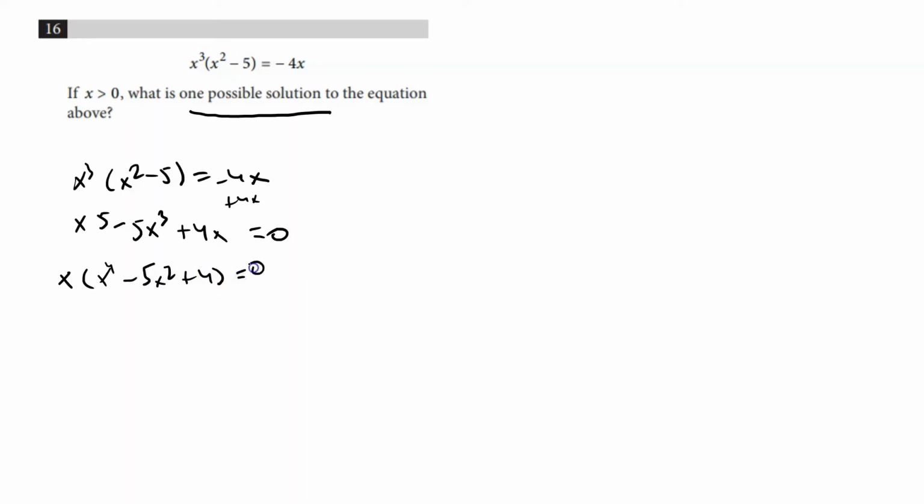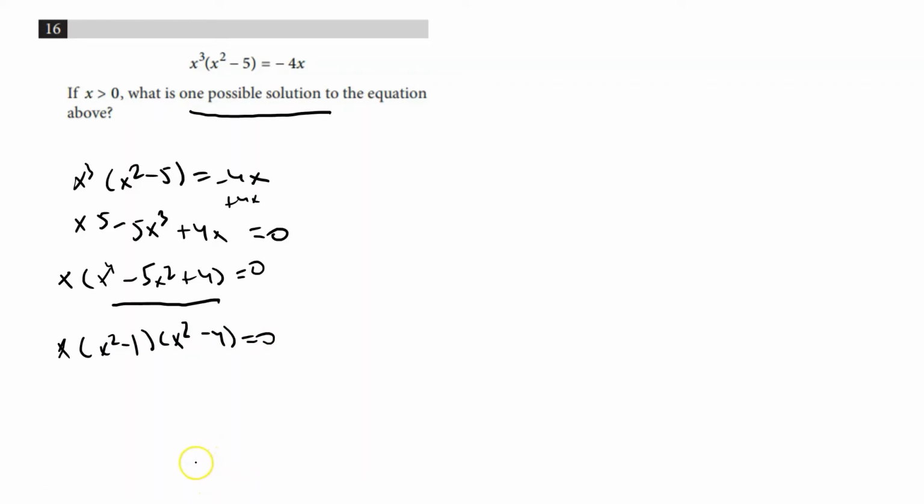So, and that still equals 0. Now, we can refactor this interior expression into x times x squared minus 1 times x squared minus 4 equals 0.